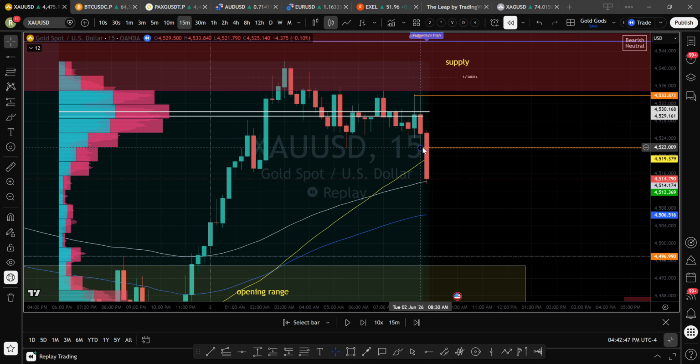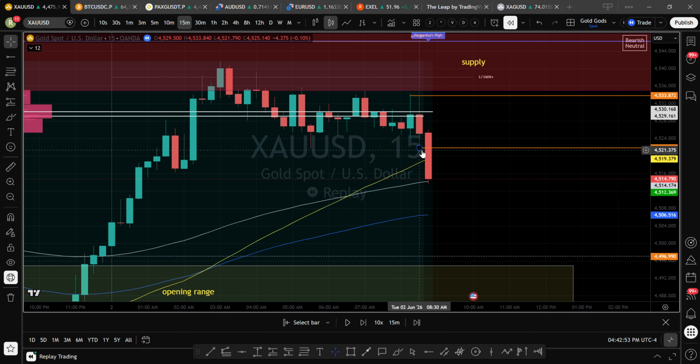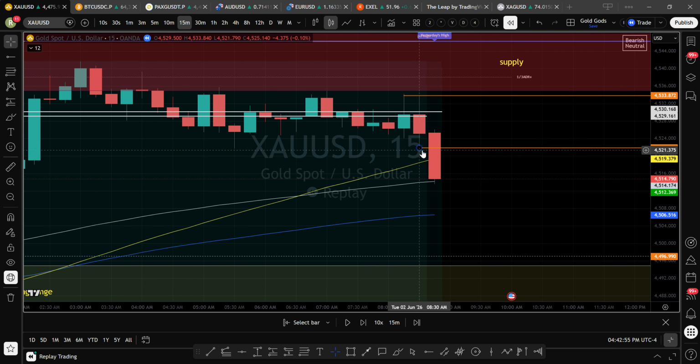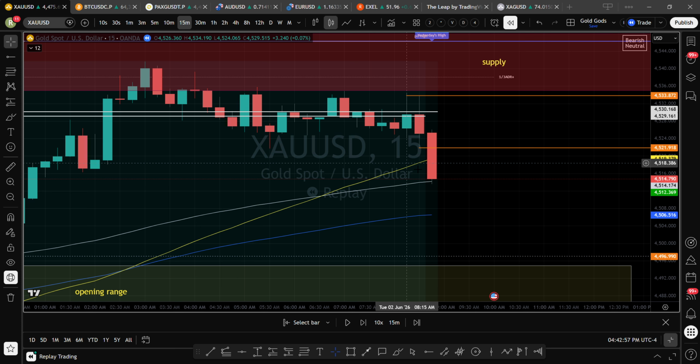And then we wait for price to come back to this wick. Let me zoom in a little bit more. We're waiting for price. It's going to come back to this wick. It might exceed it, but we're going to wait for it to hit this wick here.